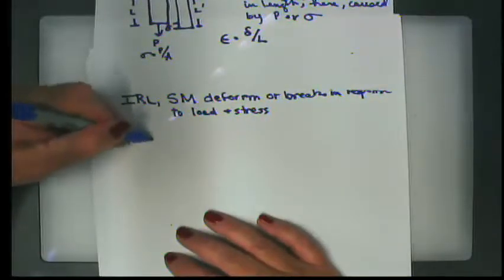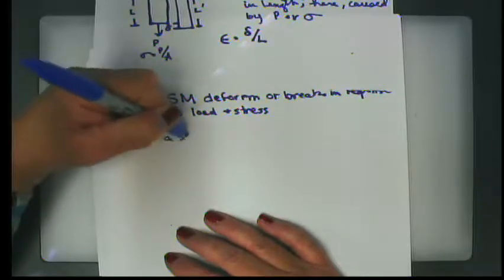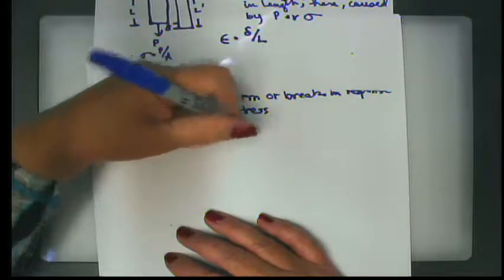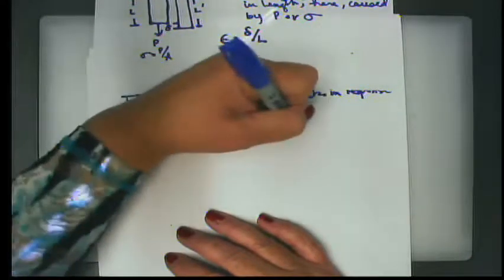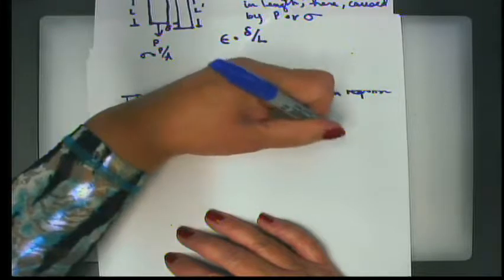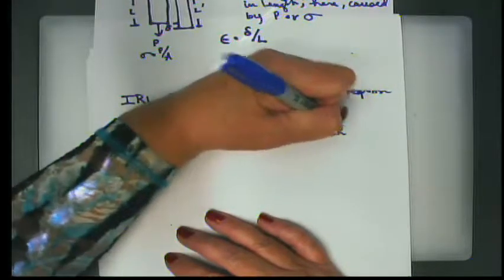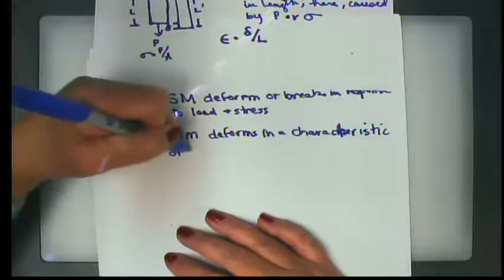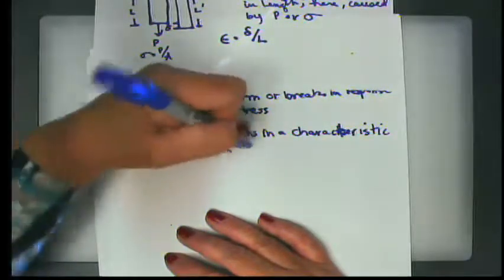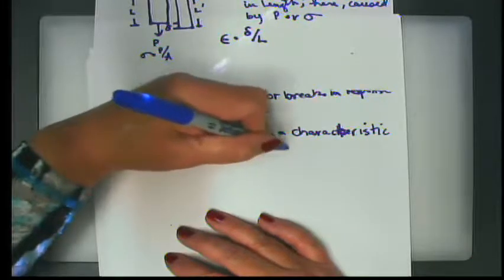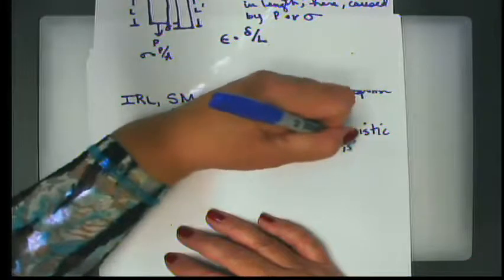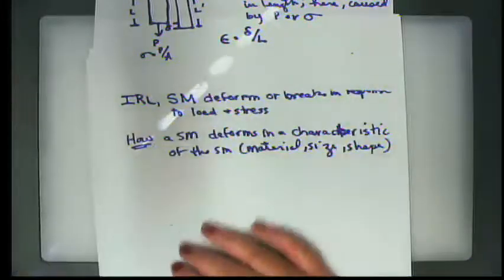So how a structural member deforms, this is what we're going to talk about today, is a physical characteristic of that material, of the structural member. And when I say that, both the material and the geometry, being the size and the shape. Okay?